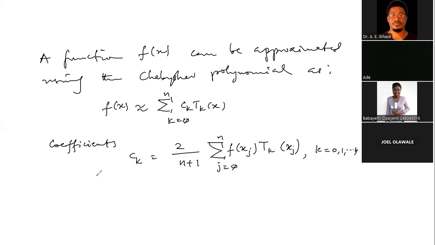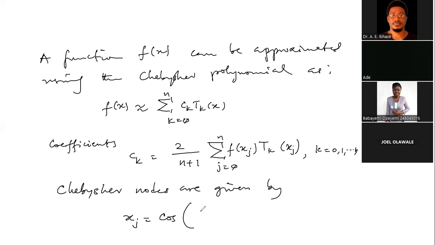And here the Chebyshev nodes are given by s sub j being the same as cos of (2j plus 1) times pi over 2(n plus 1), where j is some integer value, okay?